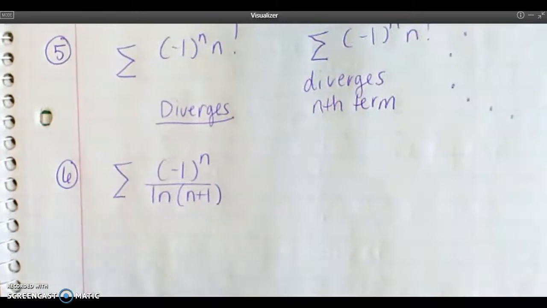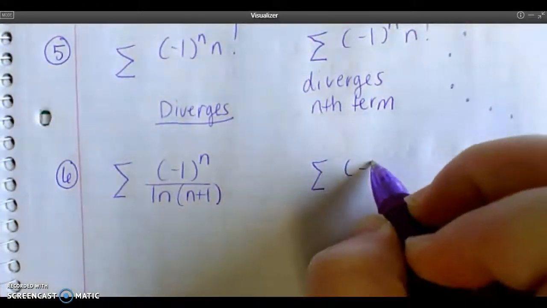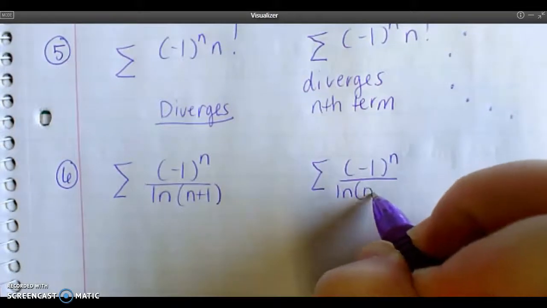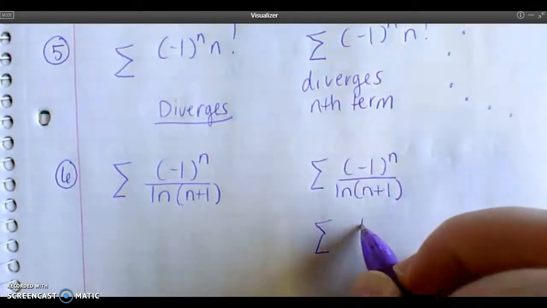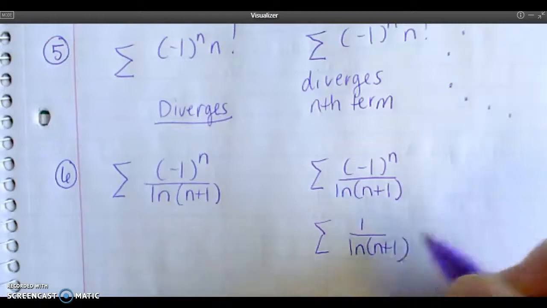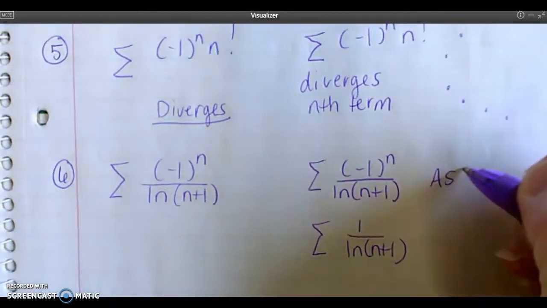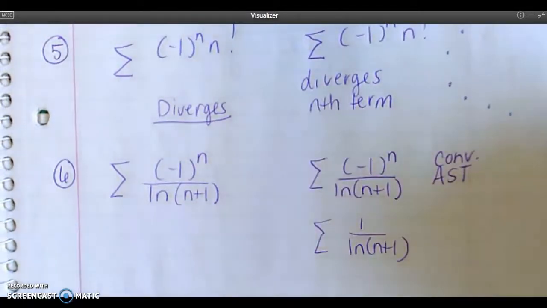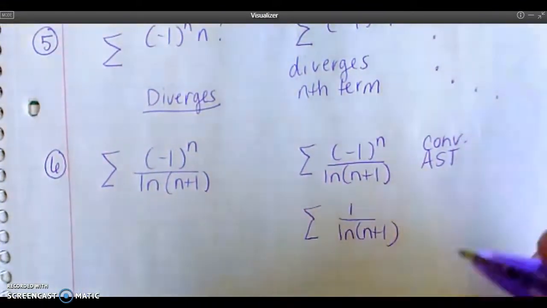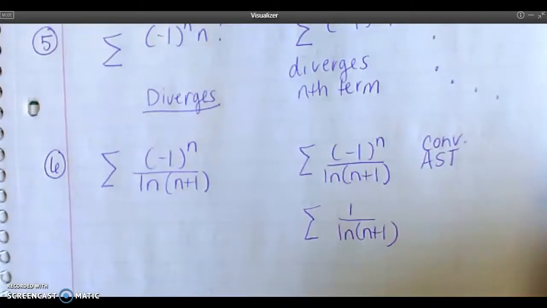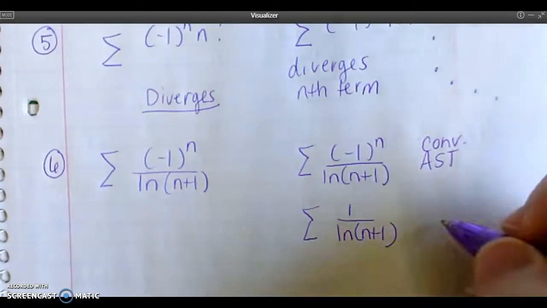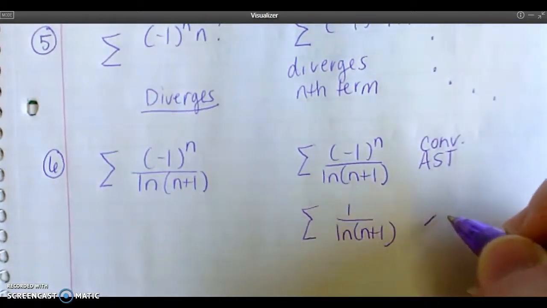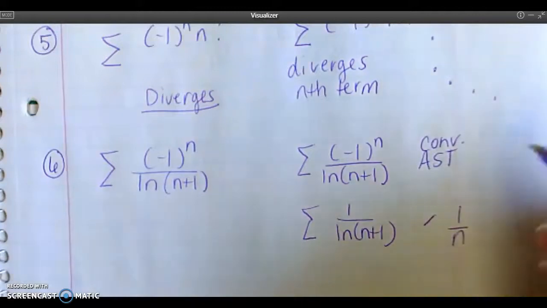And then one other one to look at is this one here, with 1 over ln of n plus 1. I will tell you this one again converges by AST. Most of the time, if you can do the alternating part, that will give you the first part of it. The next part you sort of have to figure out. You can't really use the nth term test because you would get a 0, but I could compare it to 1 over n.